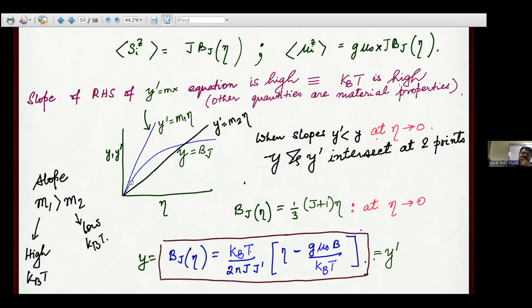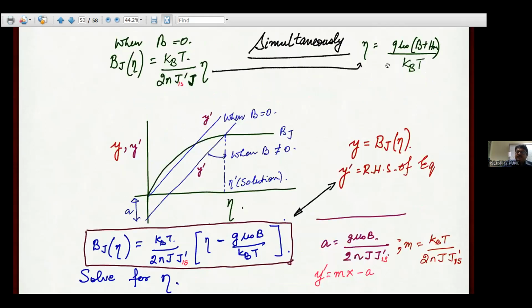So this line passes through the origin only when b is equal to 0, and you still have a finite value of eta, right? Which means you have a finite value of hm.